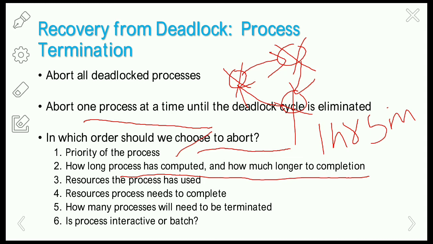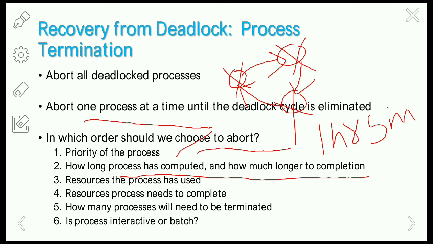The third one is resources that the process has used. Based on the resources which the process has used, we are going to abort the process, and also the resources the process needs to complete. Based on the combination of holding and needed resources, we decide to abort or terminate the process.